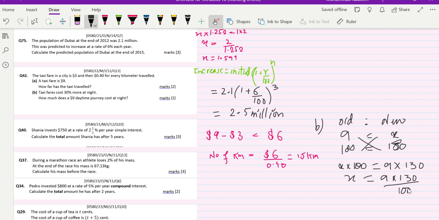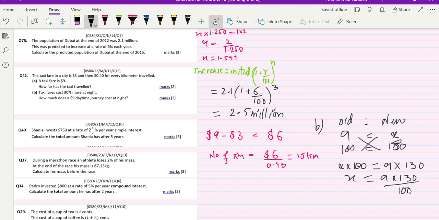So let's work out this value. 9 times 130 divided by 100 is $11.7.